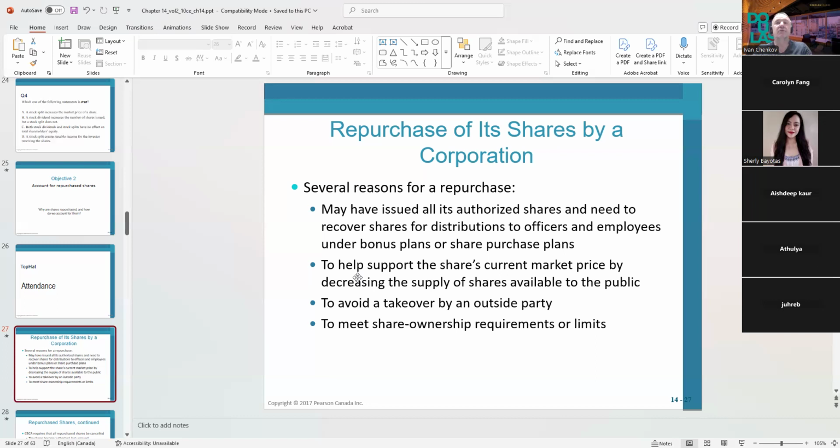The other reason why I'm buying the shares back from my company is to avoid takeover. If all the suppliers sense that there's a single customer that starts buying all the tomato on the market like crazy, they don't want that, or maybe they want it. It depends. So what are they going to start doing?